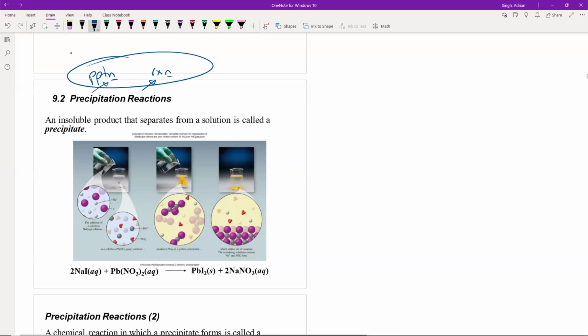So first of all, what does precipitation mean? What does it actually involve? Well, precipitation reactions involve the formation of a precipitate, and precipitate we abbreviate as PPT, from a solution.